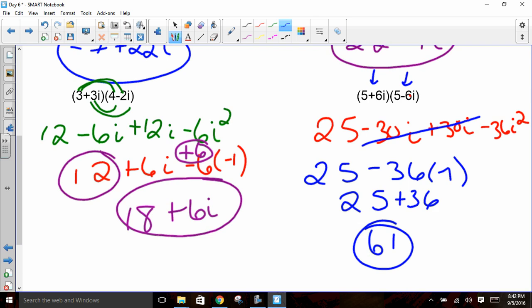So you have the exact same numbers, 5 and 6i, 5 and 6i, one plus and one minus. You can anticipate your imaginary stuff canceling out, and then you'll only result in a single answer. Hint, hint, that'll be special for tomorrow.